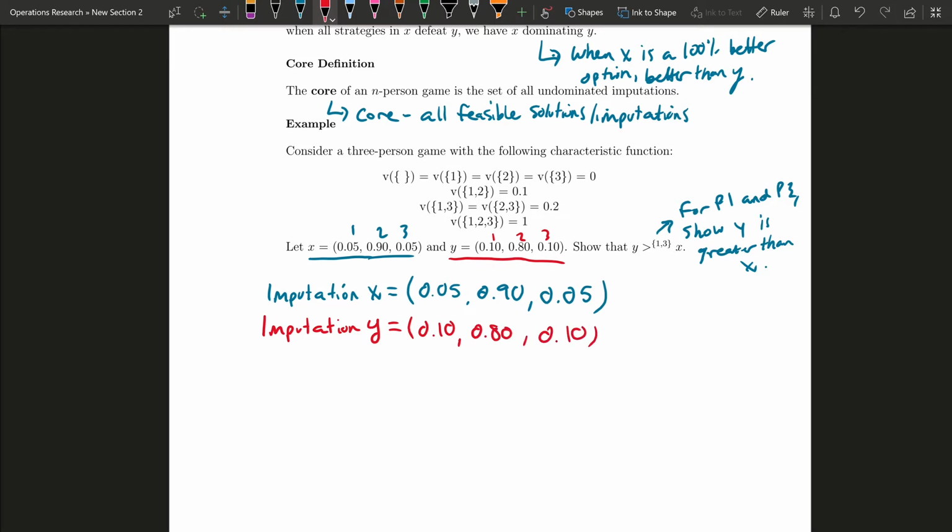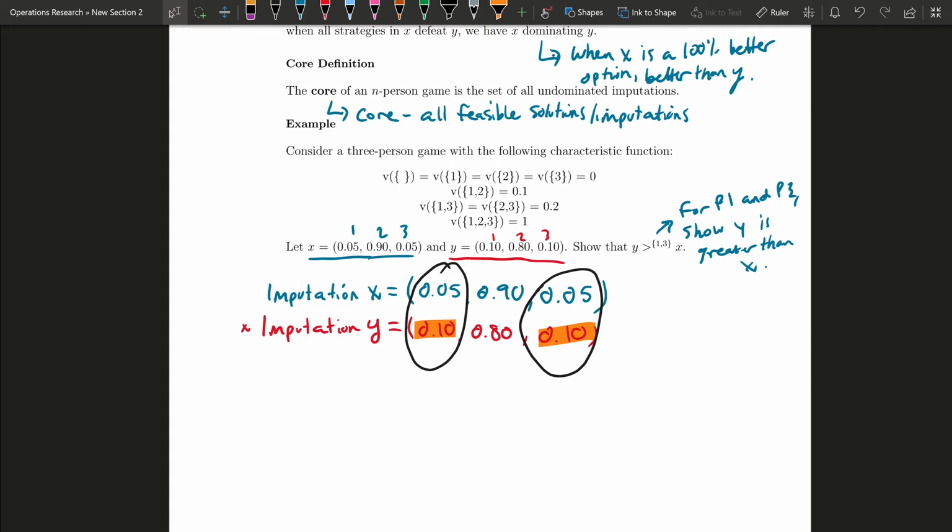So now again, we're only looking at players 1 and 3 here and showing that Y is going to be greater than X. So looking at player 1 here, we can see obviously that Y is a better option. And looking at player 3 over here, again, 0.1 is bigger than 0.05. So for players 1 and 3, it's pretty clear that imputation Y is a better option.